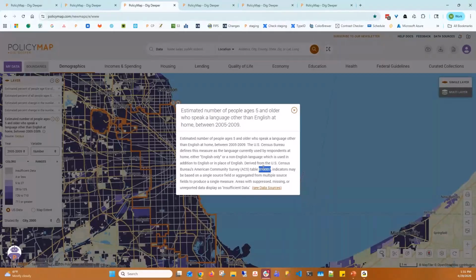So we have this disclaimer here essentially saying that while all these indicators do come from B16007, there isn't necessarily one singular source field that will denote this exact number. You will have to then, similar to what we do, aggregate these indicators in order to create this value. But we do want to always provide the source, so it's always easy to understand where this data is coming from.